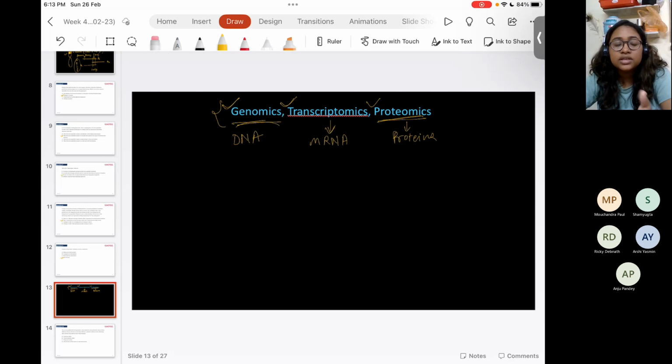DNA, we know, is very stable in nature. But yes, say in 1 million bases, there is a chance that one base is mutated or changed. So DNA is a very, very stable structure, static in nature. So people study the static information that is present in the DNA.